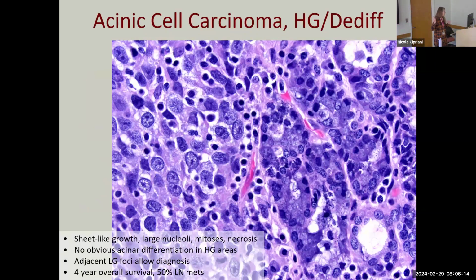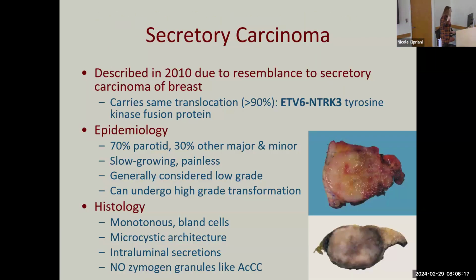There still are, but they histologically mimic what we now know is a completely different entity, which is secretory carcinoma. These were described in 2010 due to resemblance to secretory carcinoma of the breast, usually in pediatric patients. They have the same immunoprofile and the same molecular finding, which is ETV6 and NTRK3 fusion. You can see this in the major and minor salivary glands. Again, mostly low grade, but some have high grade transformation.